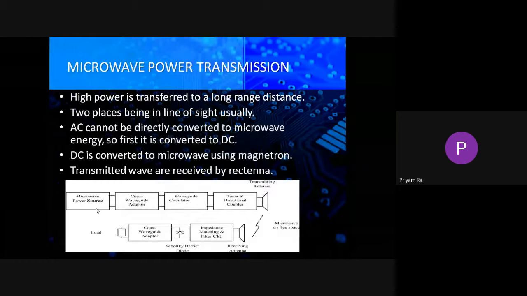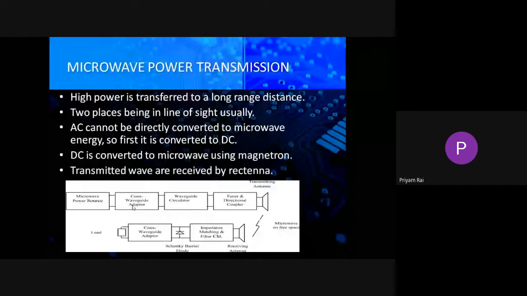This block diagram of microwave power transmission consists of two sections, the transmitting section and the receiving section.